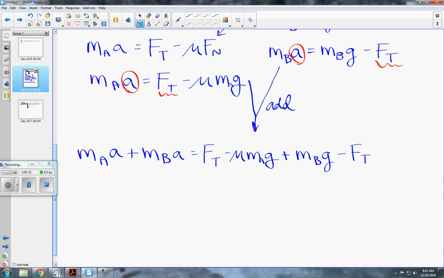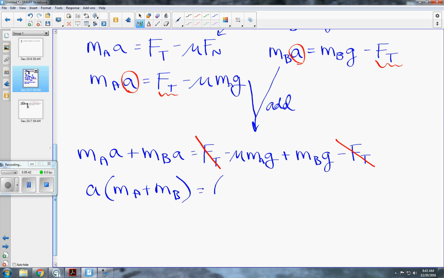So we can cancel out these forces of tension because there's one positive and one negative. And now we need to solve for acceleration. So I'm going to pull my acceleration out. So we get acceleration times mass A plus mass B equals, I'm going to rearrange that, and I'm going to pull out g.